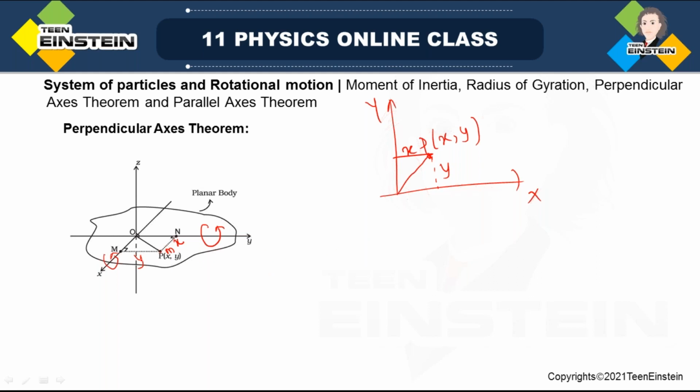So I can write the moment of inertia from this. Let me first take the x-axis as the rotation axis. Then the moment of inertia of that point mass about the x-axis is m times y square.